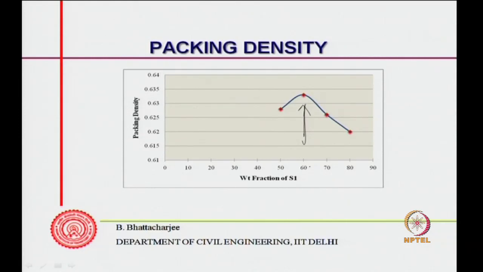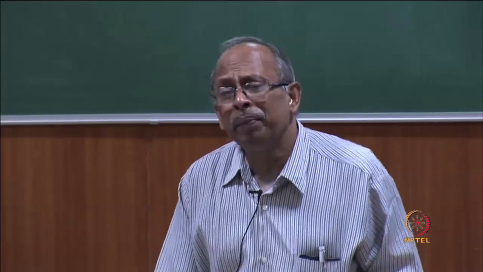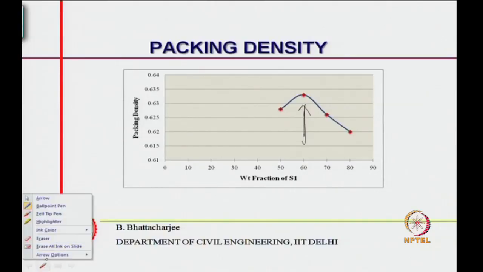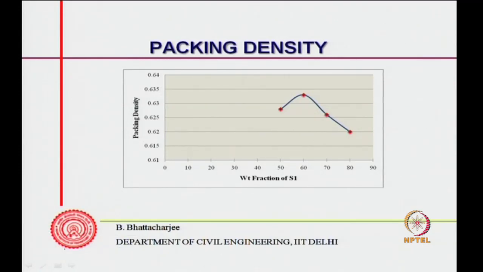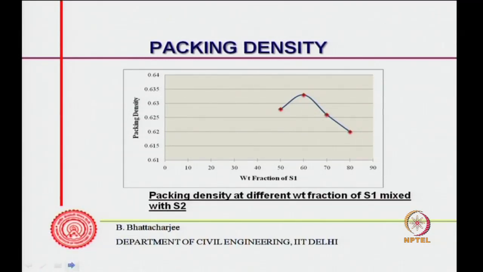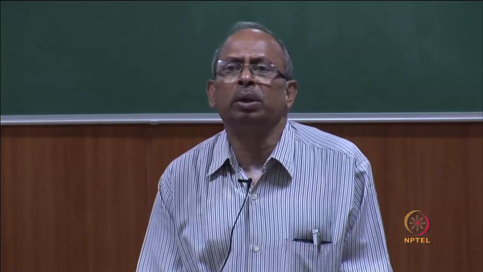So, 60% of S1 and 40% of S2 may give you the highest packing density. It is a simple experiment, and you can do it with your aggregates and determine the packing density of any two aggregates, assuming that they belong to a small range of size.